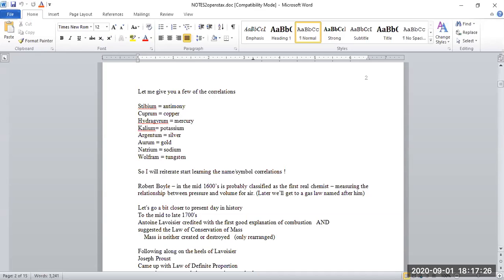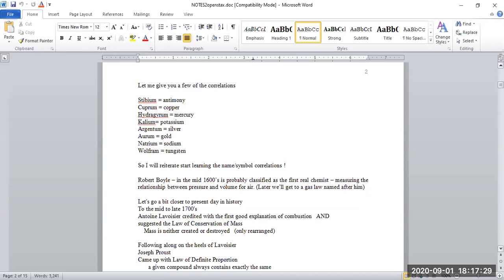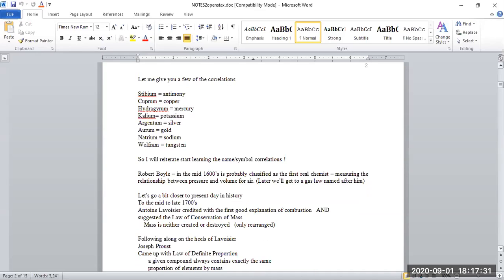We've got natrium. We kept the Na. We now know it as sodium. Now here's where the German one comes in. Wolfram. Back before LED light bulbs, back before compact fluorescent light bulbs, we had incandescent light bulbs. They had a filament in them, and the filament was made of tungsten.